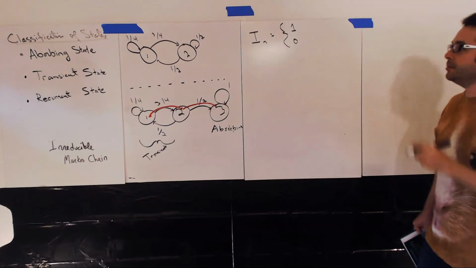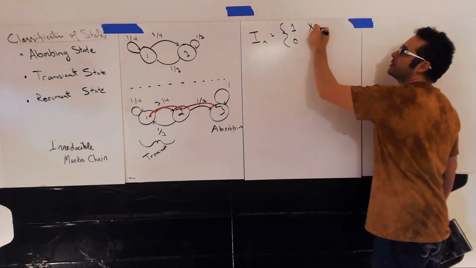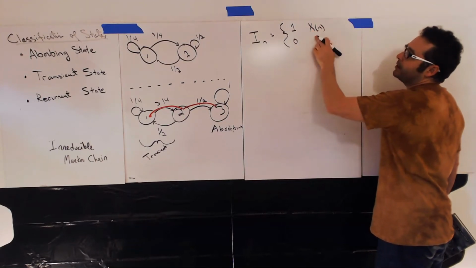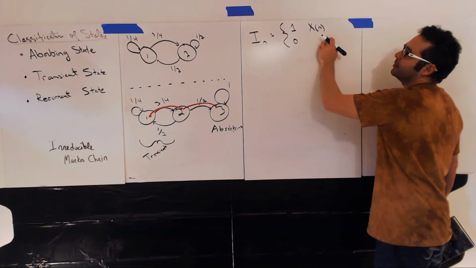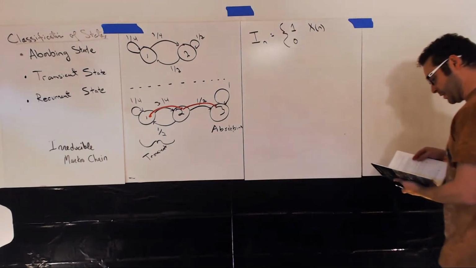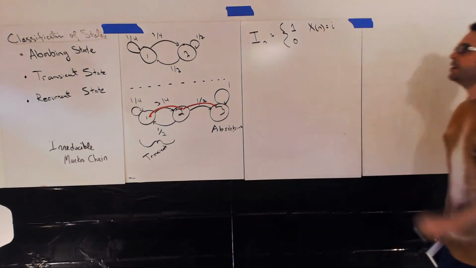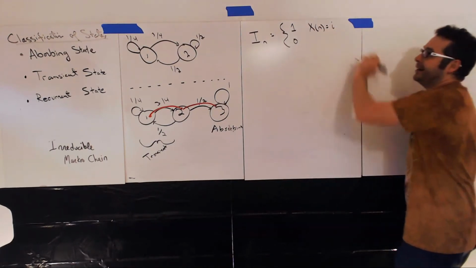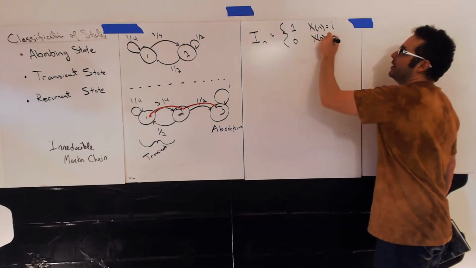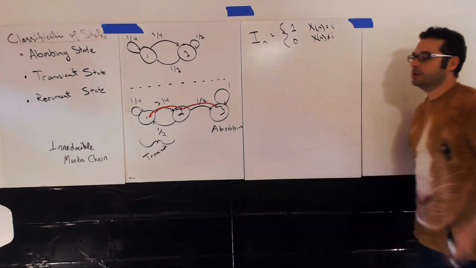It's going to be equal to 1 if at step n we're in the state that we're discussing. So here, let's say we're doing some indicator variable for state i. And if we're not in state i, then our indicator variable will be equal to 0.